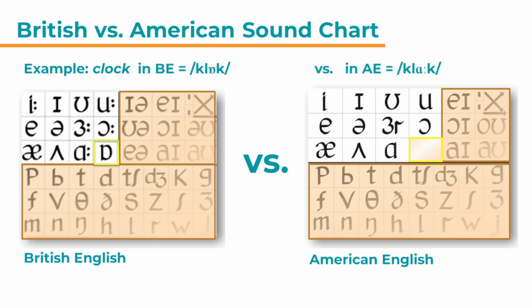So we've got the word clock in British English, and we would have a clear O sound. It's short. We have K, L, O, K, clock. But in American English, we don't use the O sound, but instead it would be a long A. So it sounds more like clock, clock.